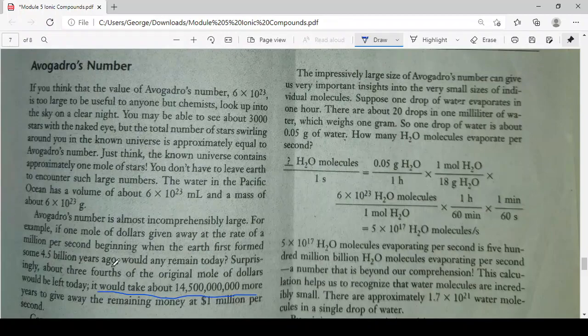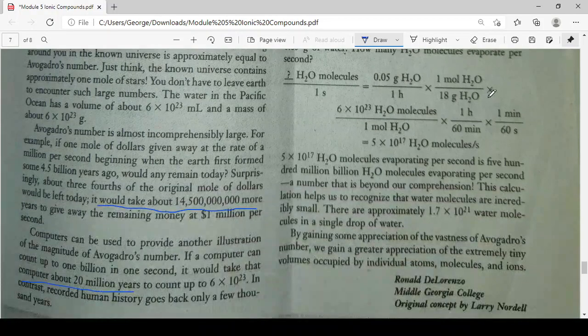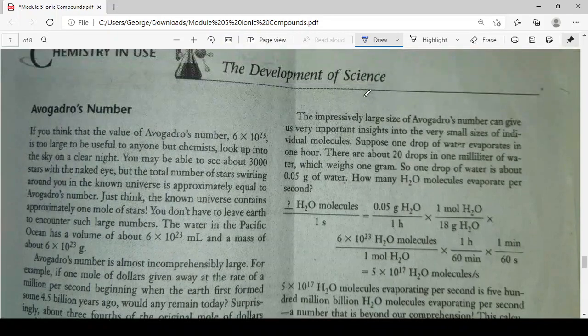So kids, the essence of Avogadro's number is that it is big, and for every molecule that a substance has, for example, one molecule of water, it is always equal to 6 times 10 raised to the power of 23.